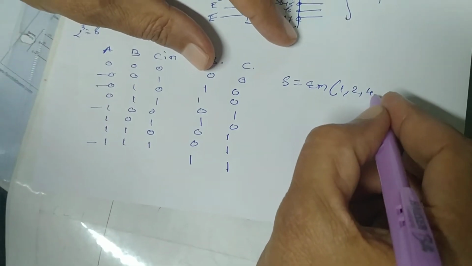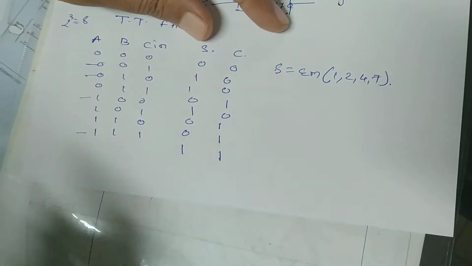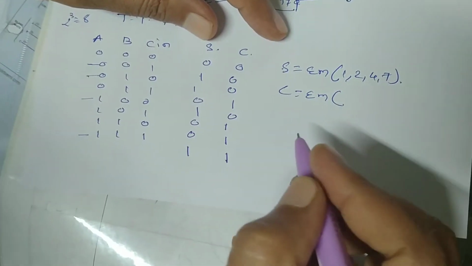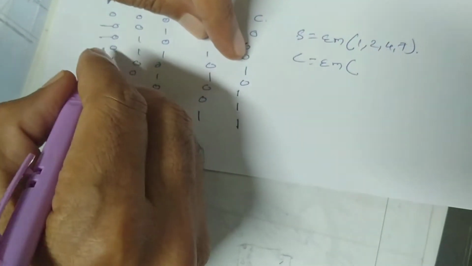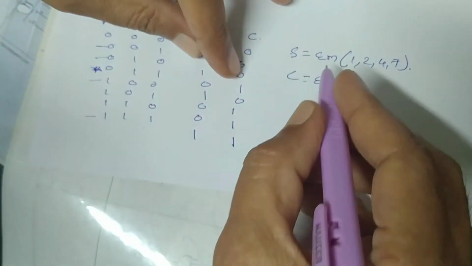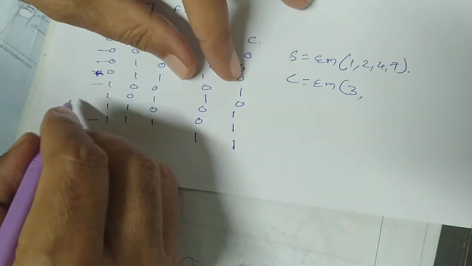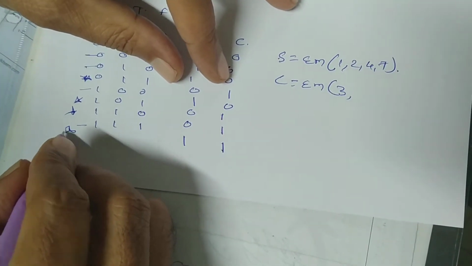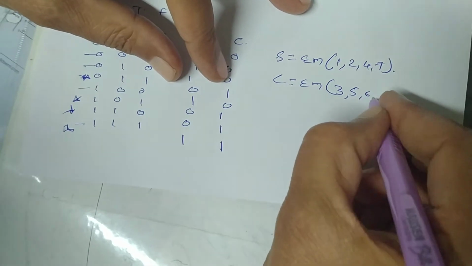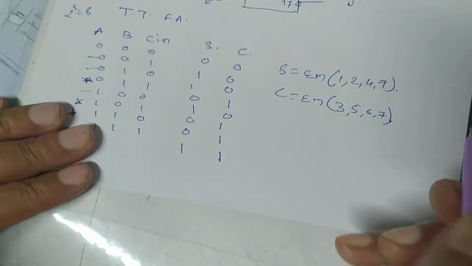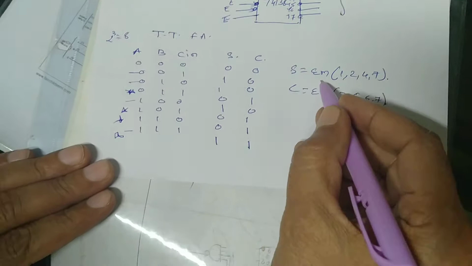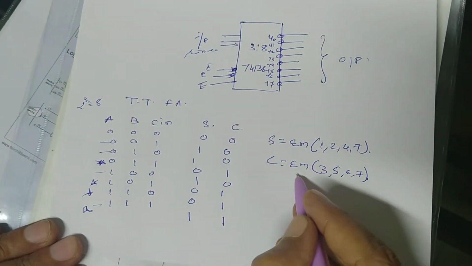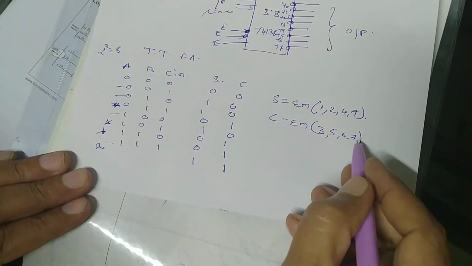Similarly, carry is equal to sum of minterms 3, 5, 6 and 7. So here we got sum equal to 1, 2, 4, 7 and carry equal to sum of minterms 3, 5, 6, 7.